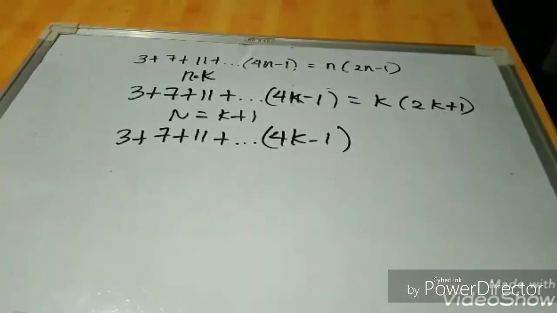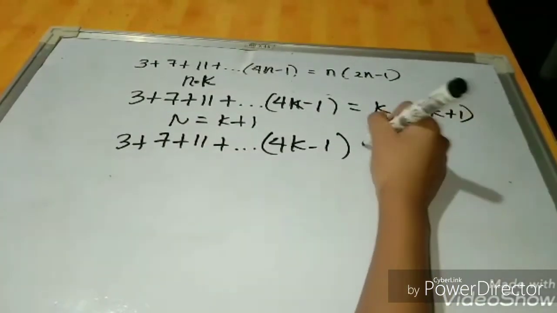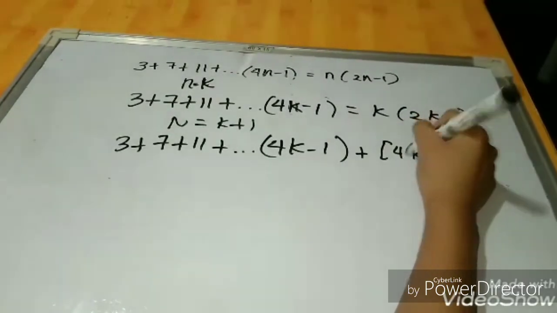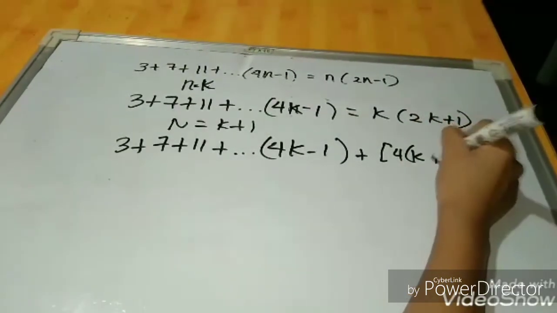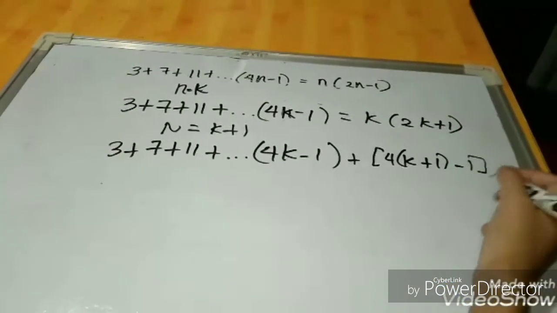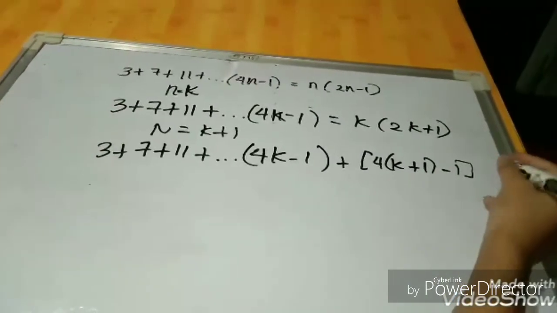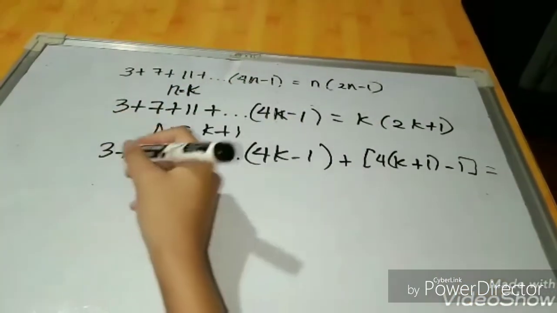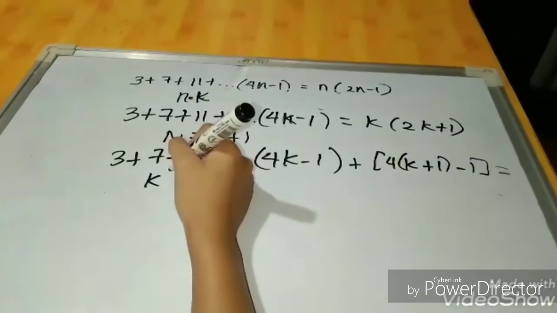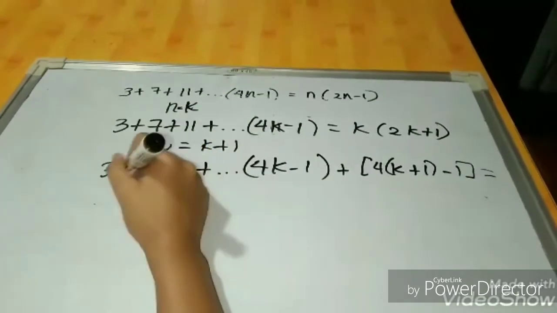Then the next term is gonna be 4 multiplied by k plus 1 minus 1.